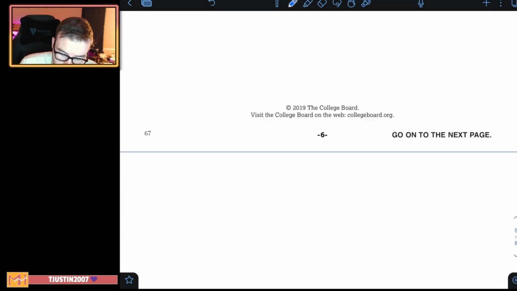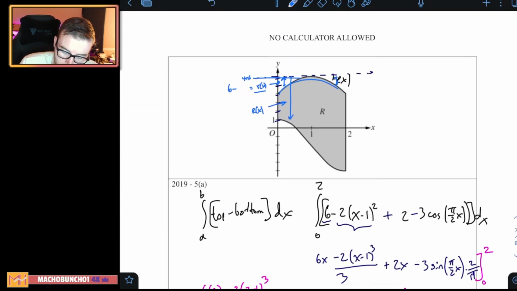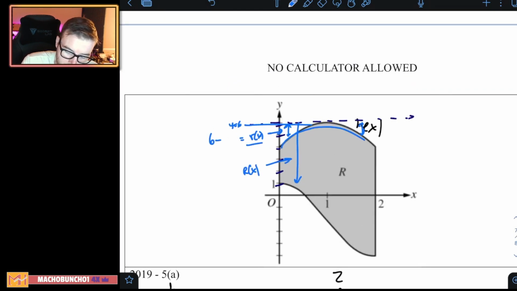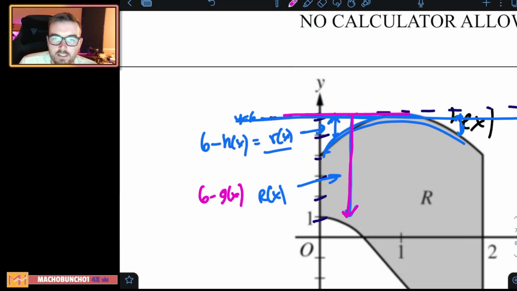The h is the top one, right? So you're trying to find the distance between this line y equals 6 and the graph. So little r is 6 minus h of x. And for the other one, you're finding the distance between 6 and g, so that's 6 minus g. If you're ever trying to find the distance of something, you're using subtraction.